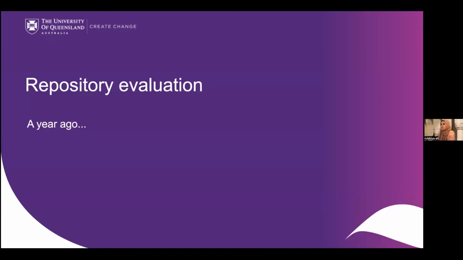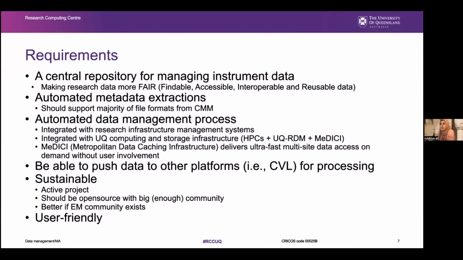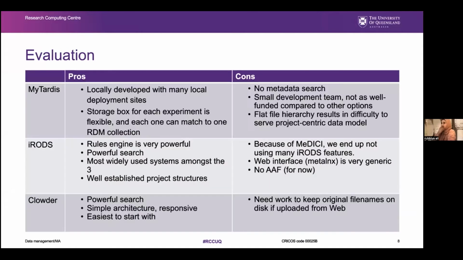Okay, so a year ago, Hoang and I presented the details about the evaluation of different repositories. We still have that document, and of course, if you need it, you can just contact us and we can provide it. We selected three main repositories, Metadata, iRODS, and Clowder.